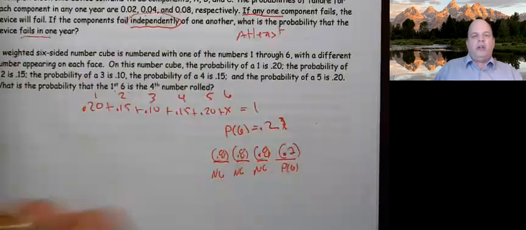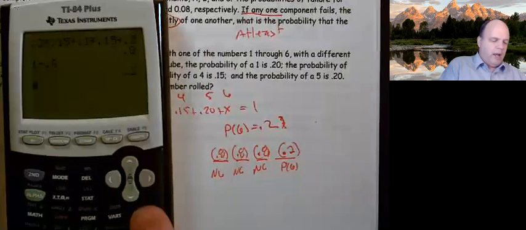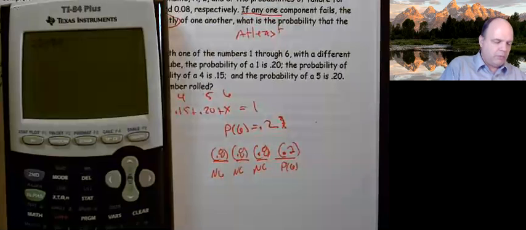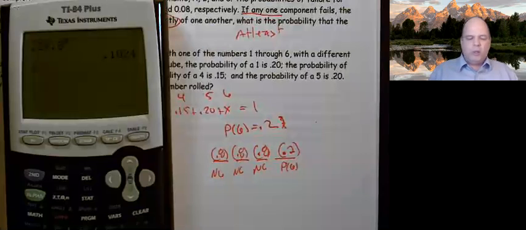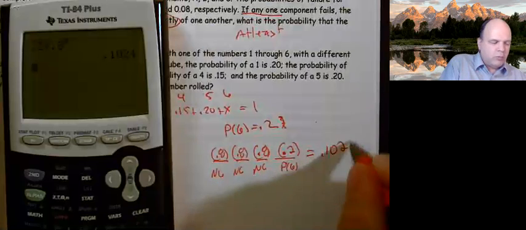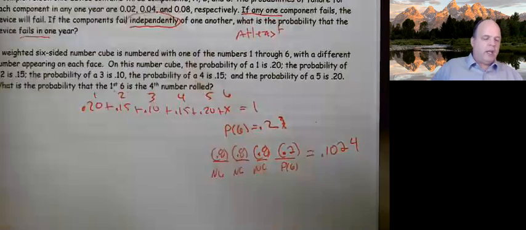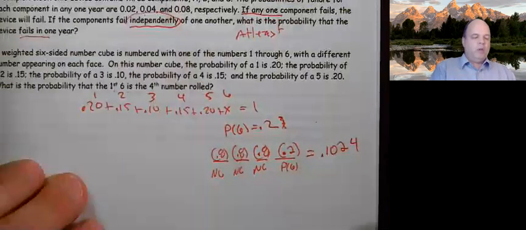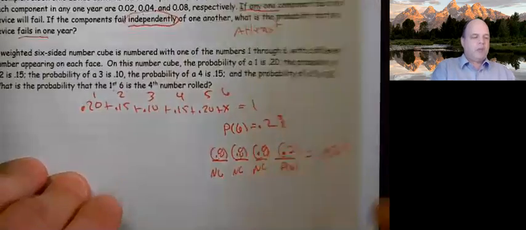Rolling the dice is independent. So here we have 0.8 to the third power times 0.2. So I end up getting 0.1024. All right, and that's the answer to number 11, 0.1024.